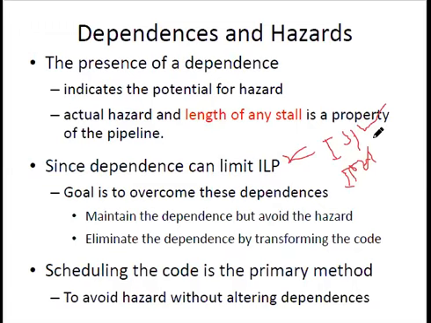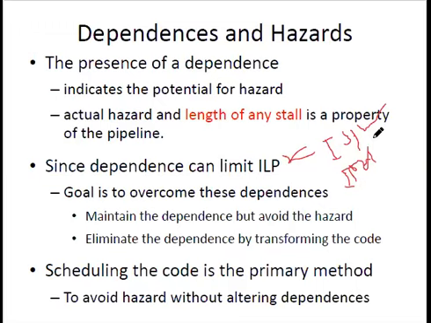This kind of dependence is known as data dependence. It needs data from the first instruction, so the second instruction cannot be executed until the first instruction provides that data. So this is a hazard, and this dependence limits ILP, the execution of the second instruction in parallel with the first instruction.